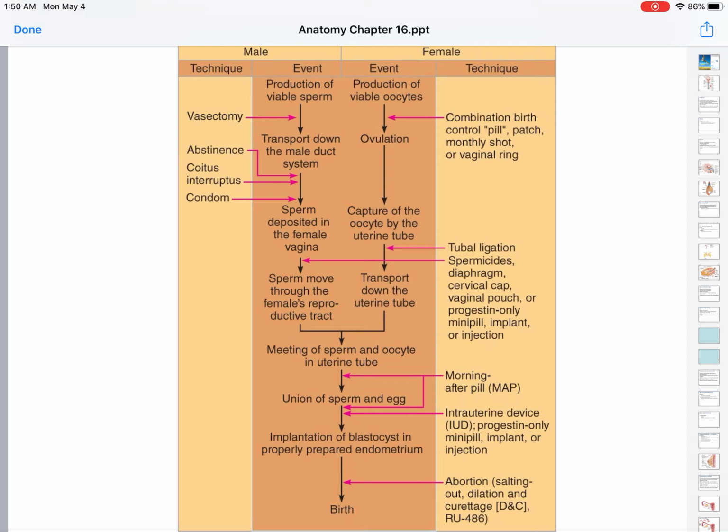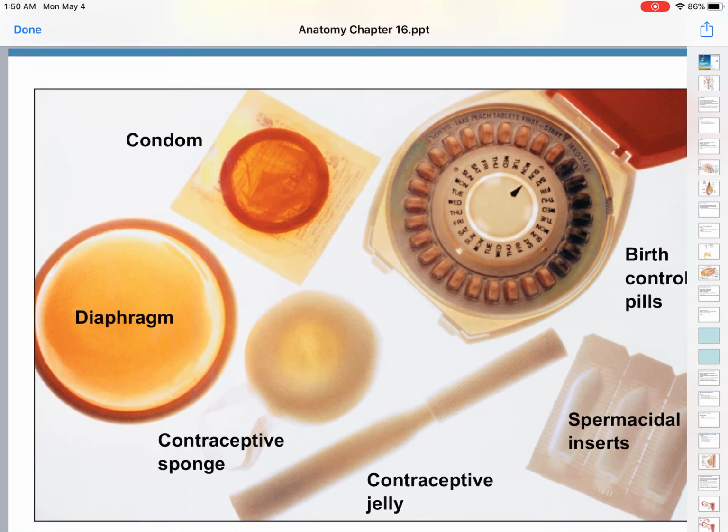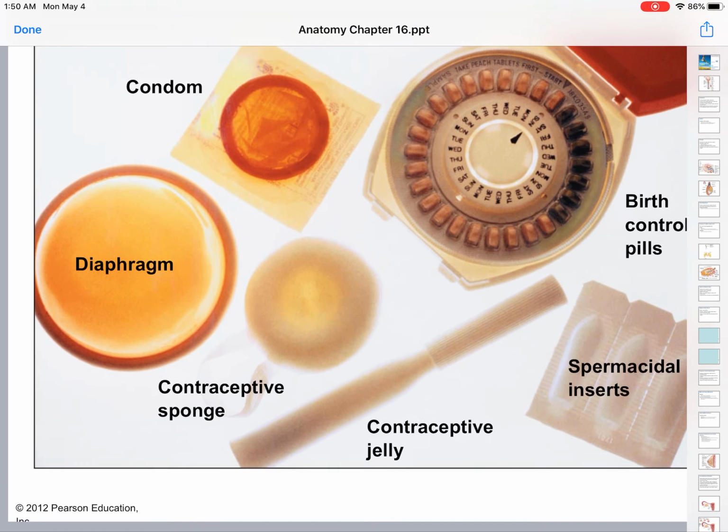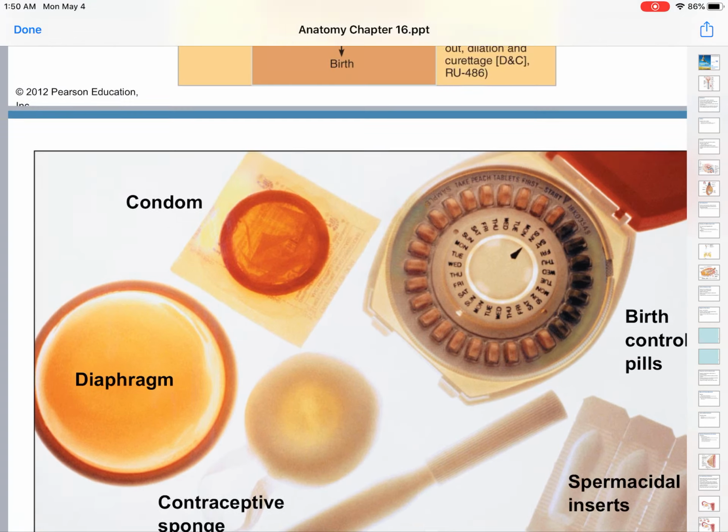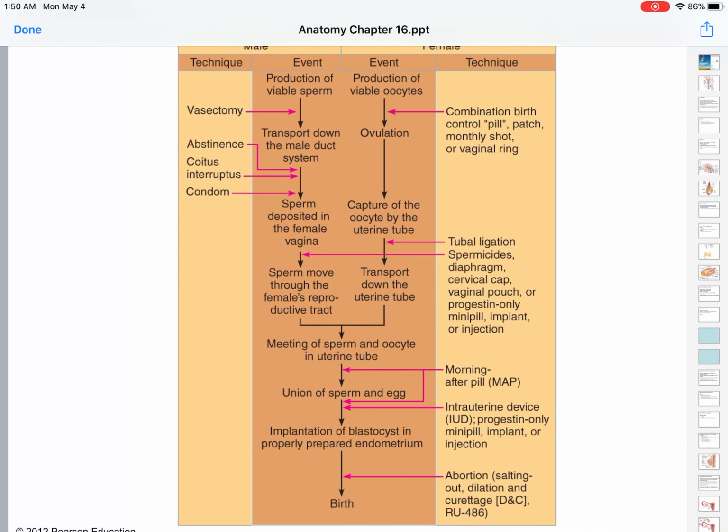If you do not have sex, you cannot get pregnant. However, all these others are ways for sexual intercourse to happen and to avoid the eventual development of a child. And I believe, yep, that is it. These are just examples of the different methods.